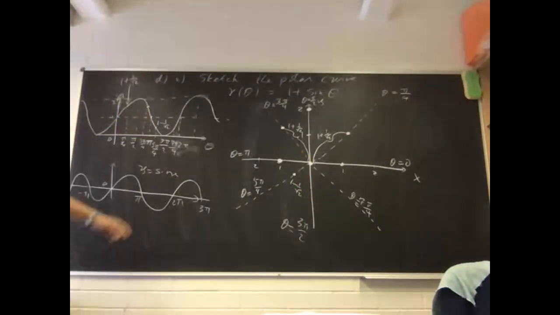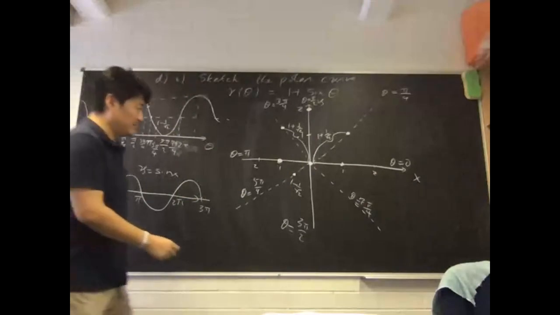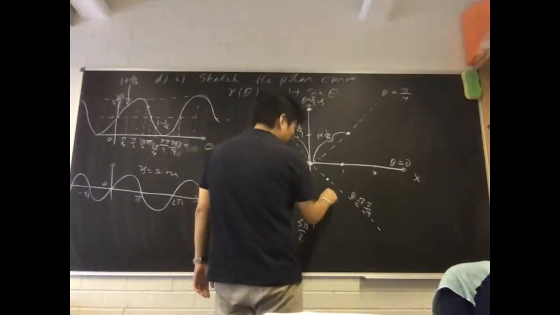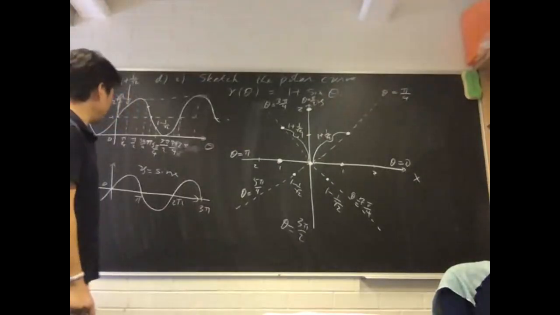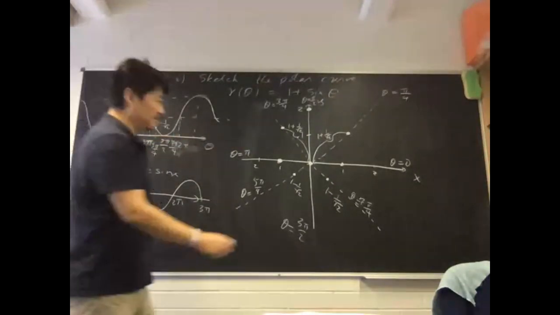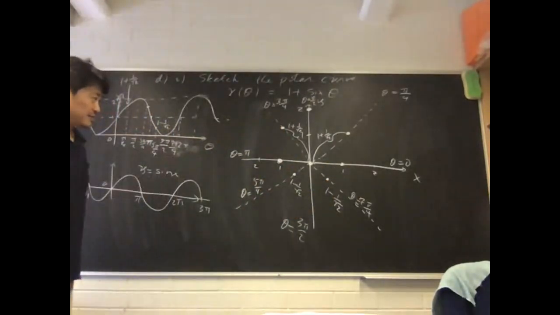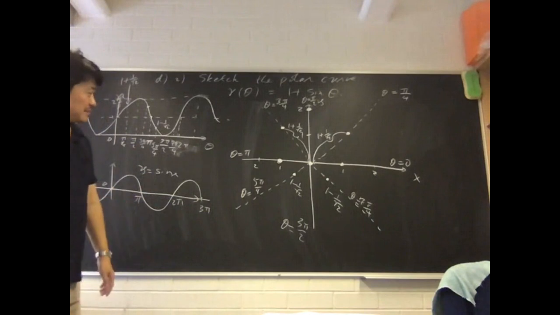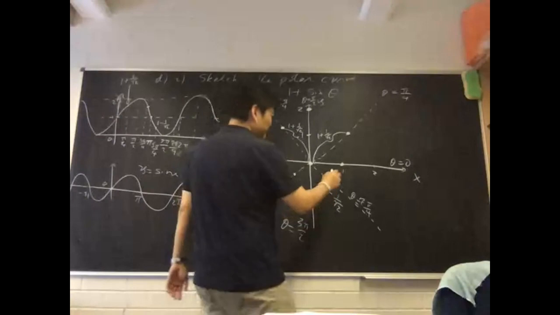And when I get to 7 pi over 4, that's symmetric to this point. So I'm once again at 1 minus 1 over square root of 2, which is smaller than 1, obviously. And of course, when I get back to 2 pi, I will have completed one complete revolution around the origin and gotten back to 1.